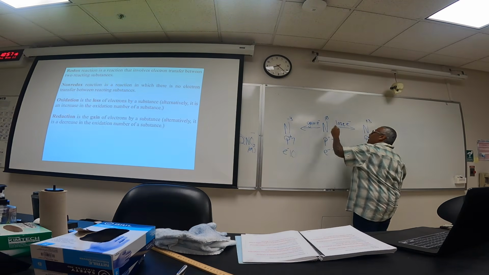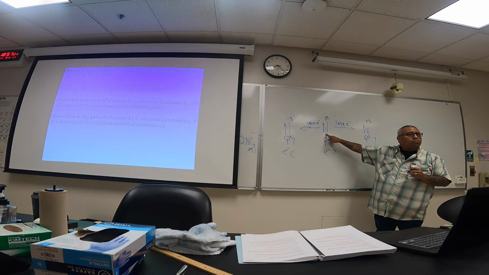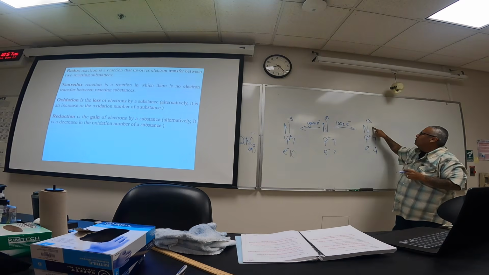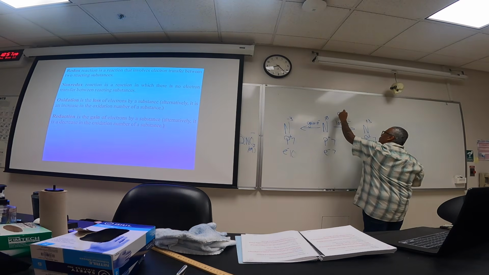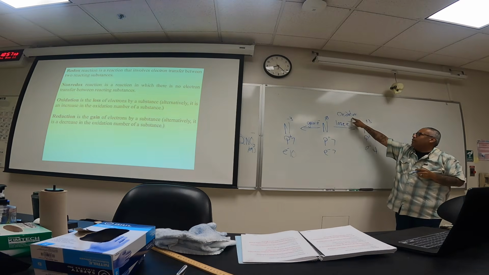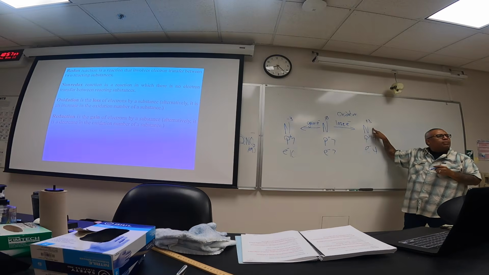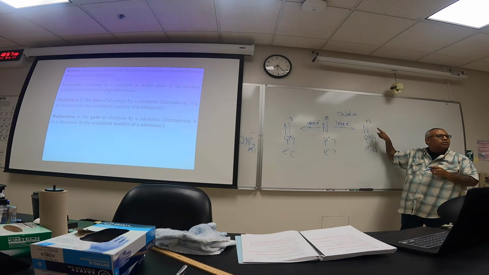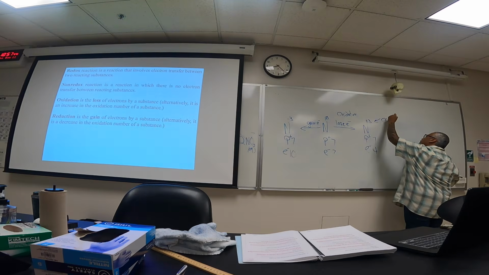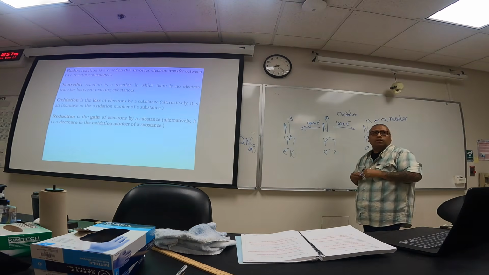And here the oxidation number, if it's neutral, the oxidation number is simply 0. So as we lose electrons, right, this is oxidation. As we lose electrons, nitrogen undergoes oxidation and gets a plus 3 oxidation number. Oxidation number. It's not its charge.